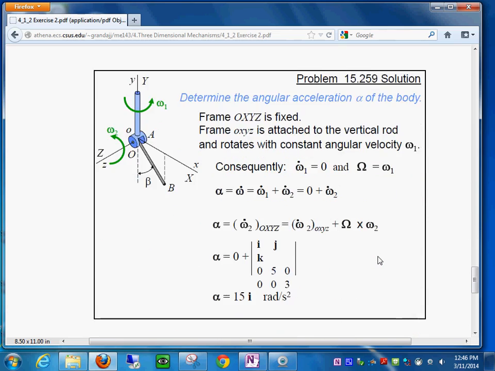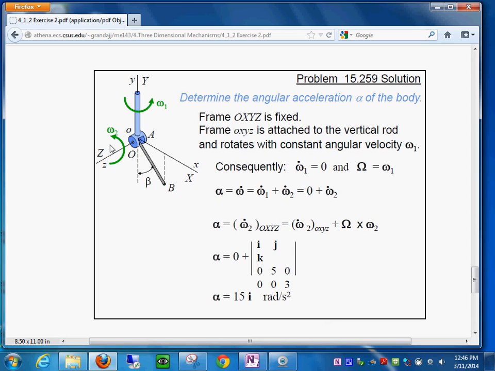But now, what about the acceleration of the body, which we hadn't done in the previous example? Okay, let's figure it out. The frame XYZ is fixed.